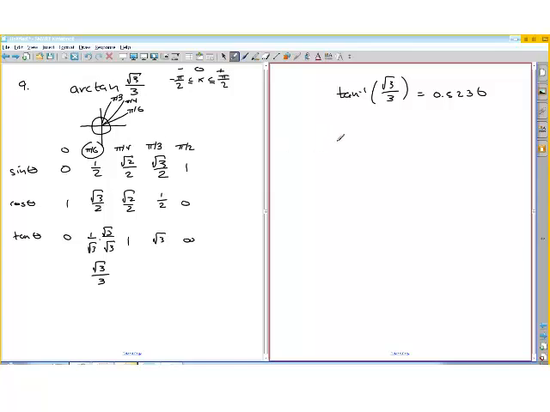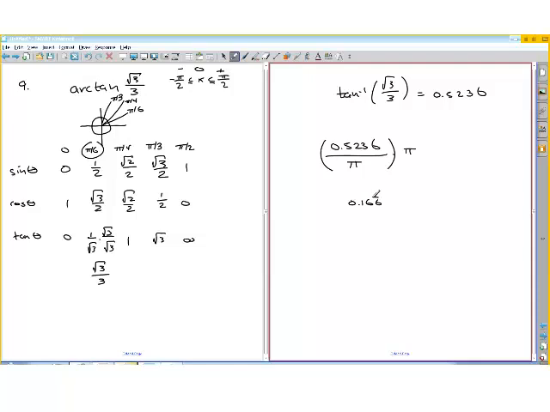To get it in terms of pi, which is what we want to do, we're going to take 0.5236 and divide by pi. We already have 0.5236 in our calculator, so we just say answer equals, and then we divide by pi. If you don't have that on your calculator, just put in 3.14159.